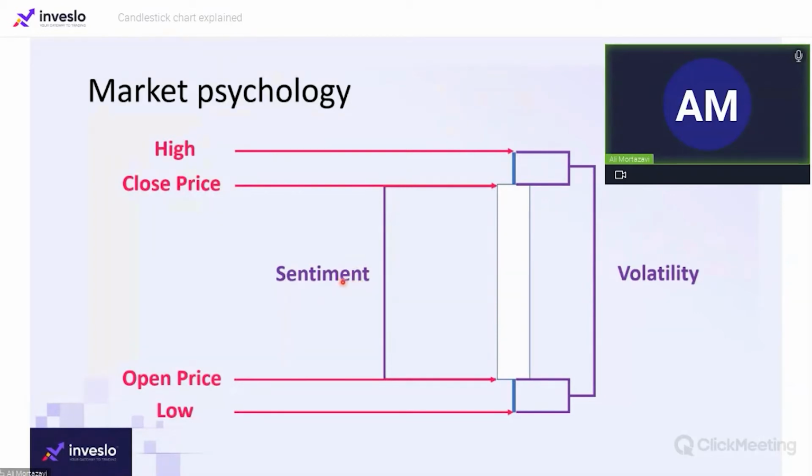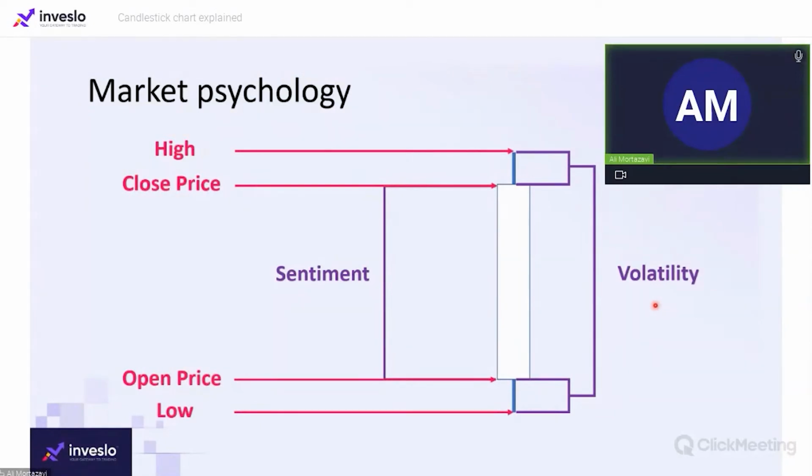So we can first identify the sentiment of the market, but the range of the day, the total distance between the low price and the high price, reveals the whole volatility that happened in a session, or the volatility associated with this challenge between the buyers and sellers in the current trading session.